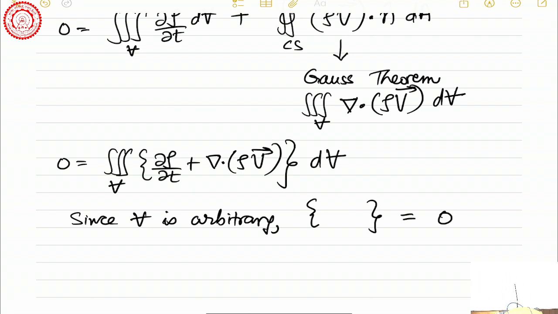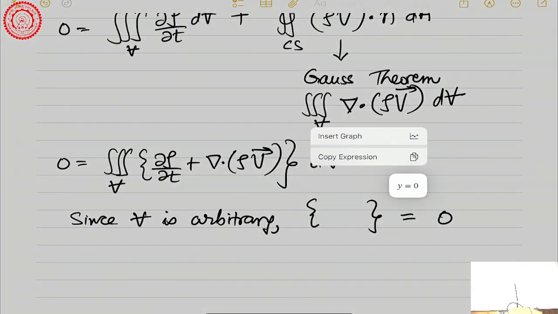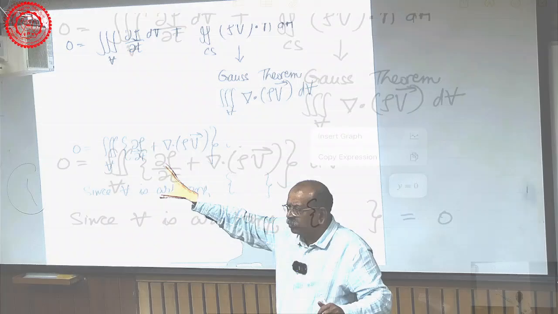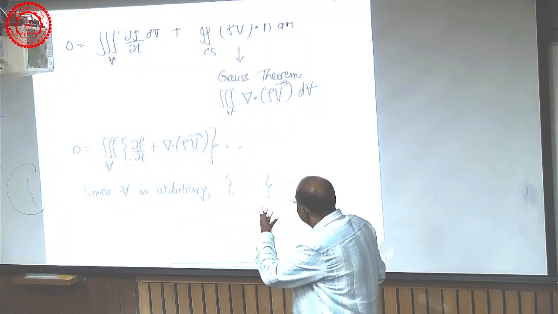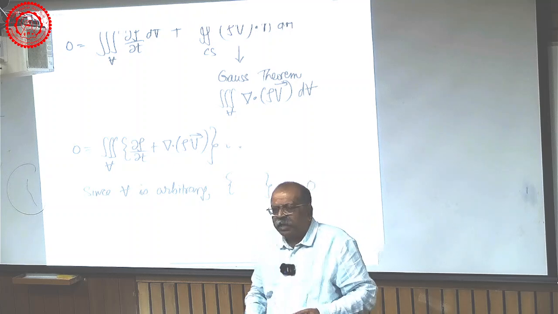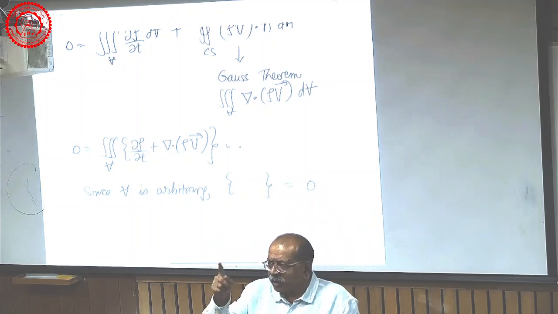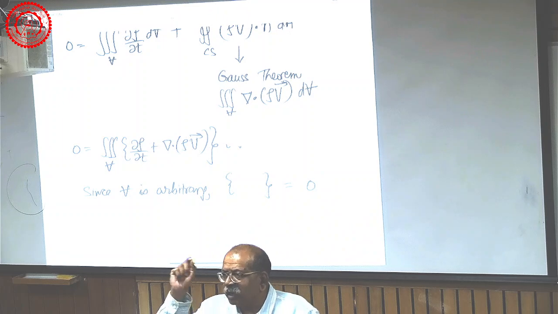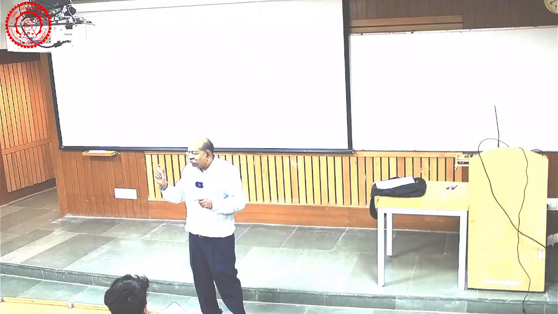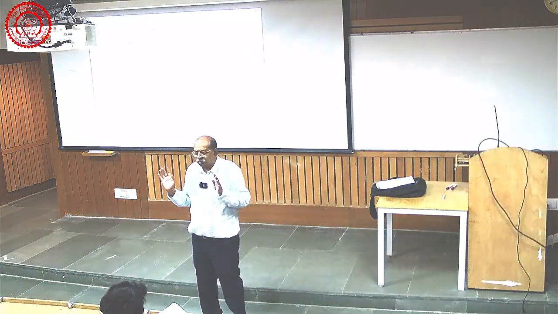That means this is valid for any V, not a particular V. It's a fixed V, but it could be anywhere in the control volume. This is something like if I have a definite integral, integral a to b f(x) dx is equal to 0, then this does not imply that f(x) is 0.